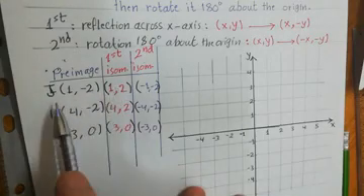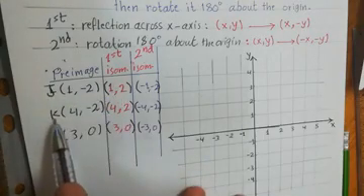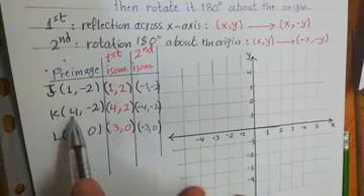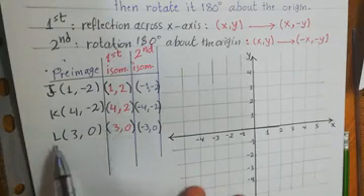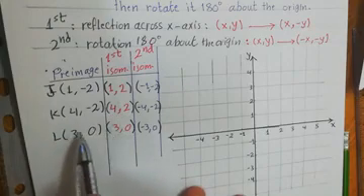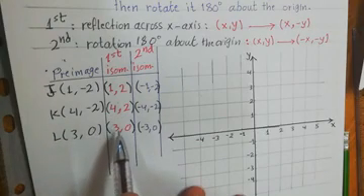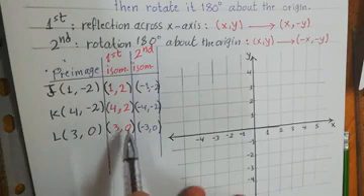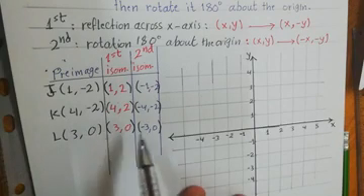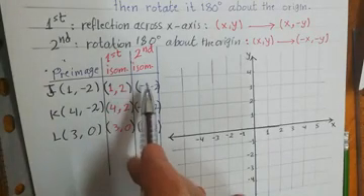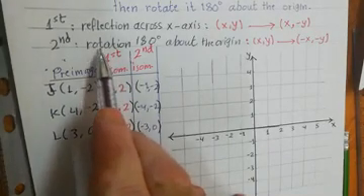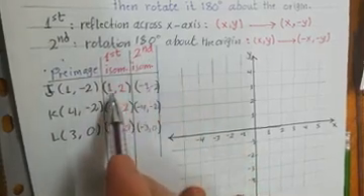This is J prime. K prime: K was (4, -2), it will be (4, 2). And L is (3, 0), so L prime will be (3, 0), because 0 is not affected by the negative sign.